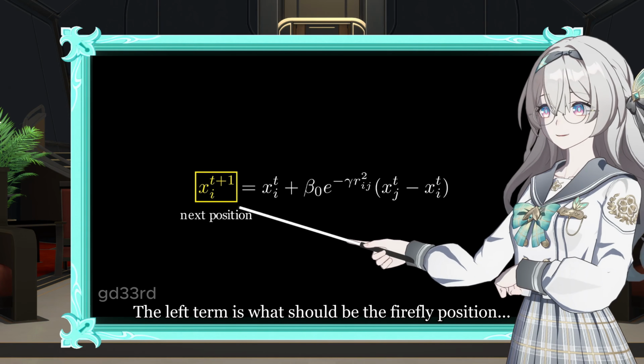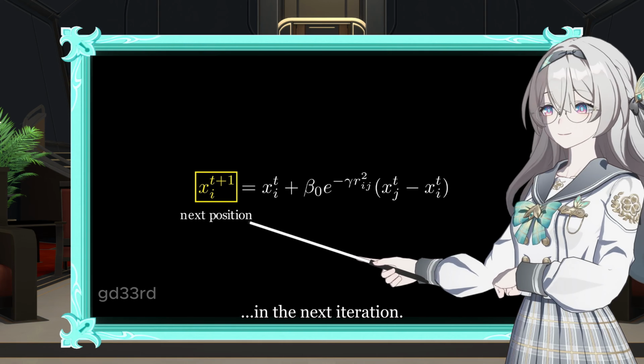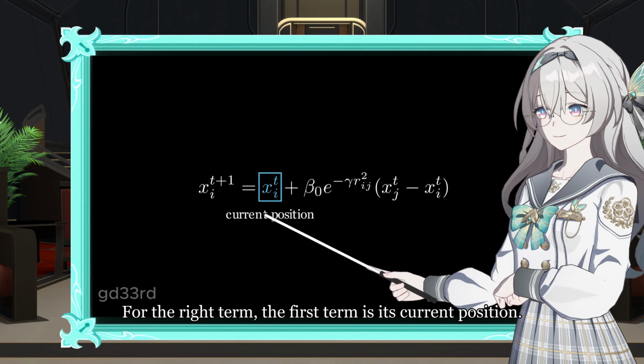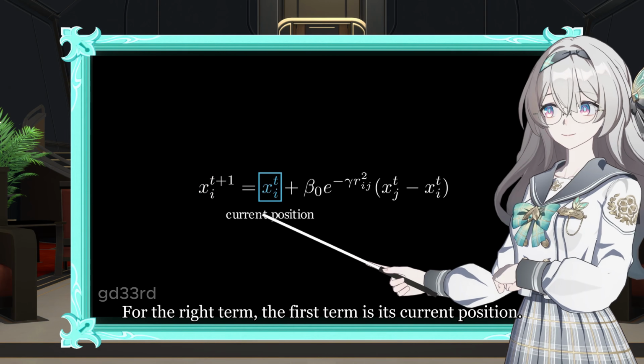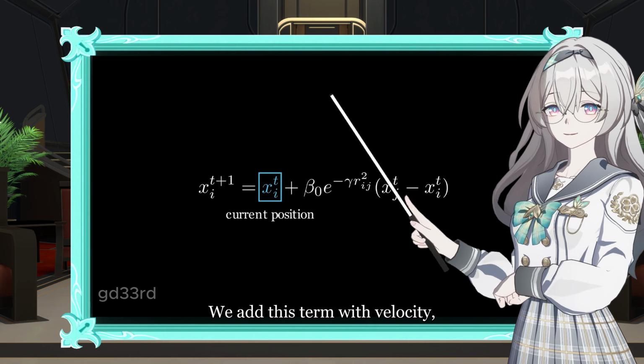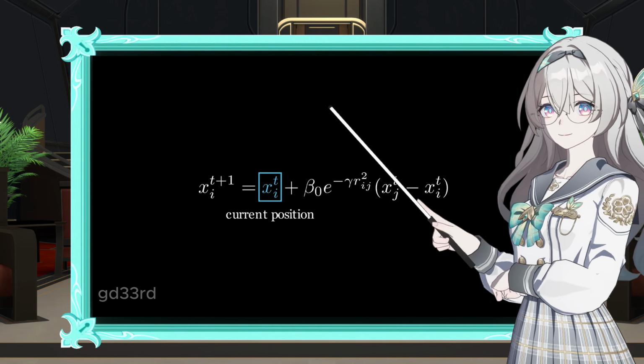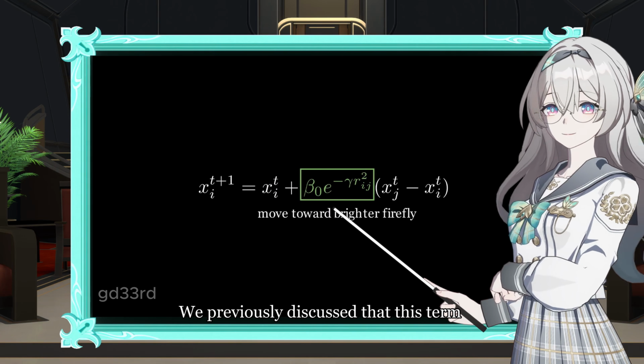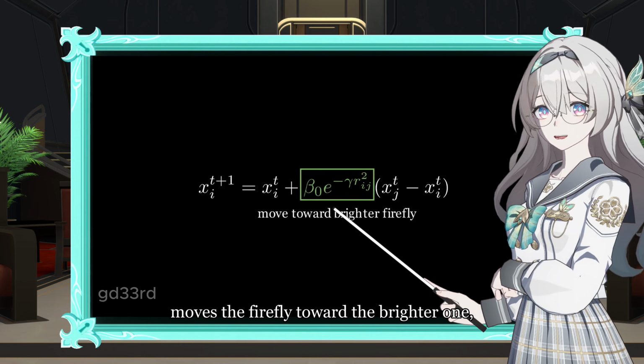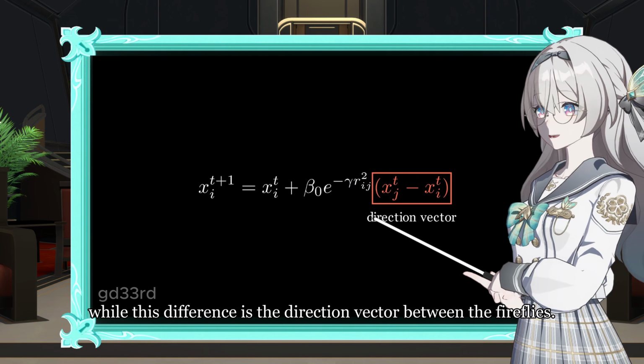The left term is the firefly position in the next iteration. For the right term, the first term is its current position. We add this term with velocity, or the change in position over one iteration. We previously discussed that this term moves the firefly toward the brighter one, while this difference is the direction vector between the fireflies.